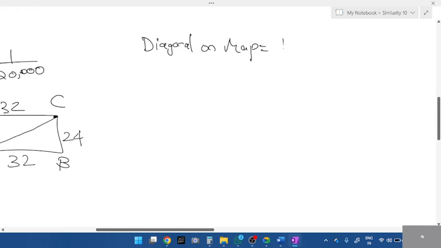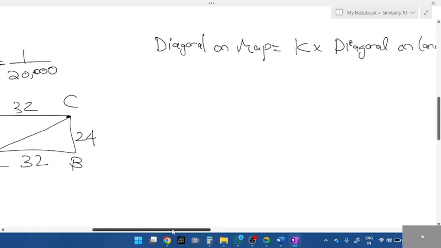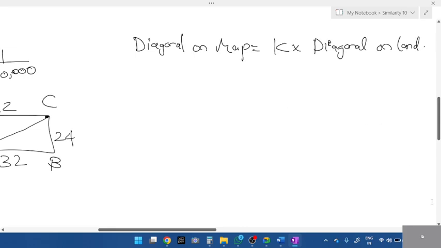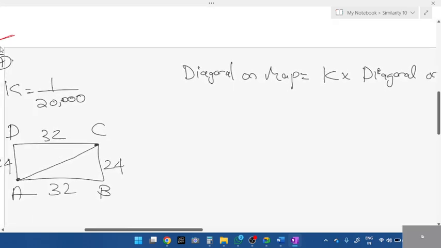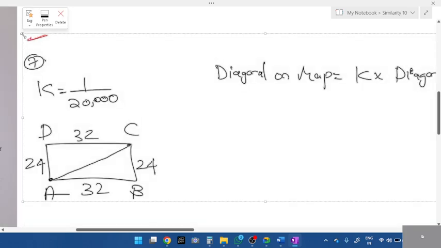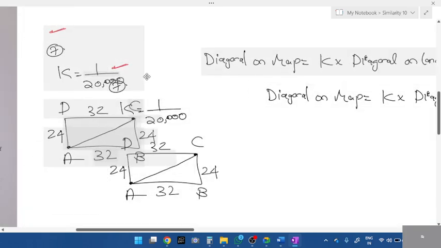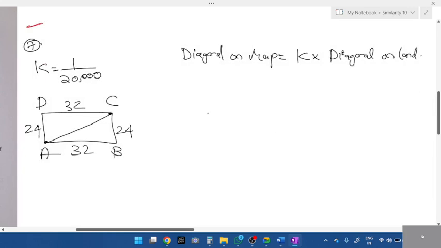Diagonal on map is equal to k into diagonal on land, the actual diagonal. Is this clear? All of you understood what I've written? We need to find the diagonal on the map. How do you find the diagonal?